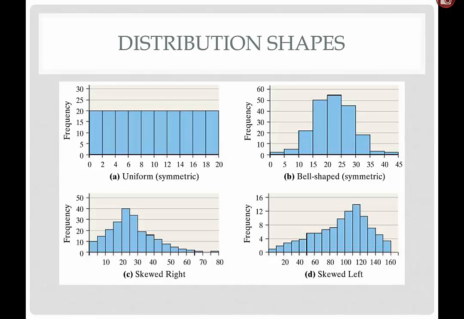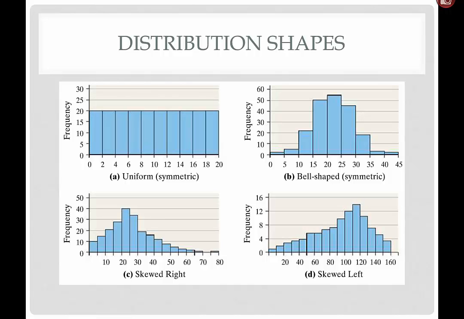All right, so here are our distribution shapes, and I talked a little bit about shape when we were comparing the histogram and the stem and leaf plot. But the first one that we see is called uniform. It's symmetric. That basically just means that the frequency is the same for all of the categories or all of the classes. And then in the upper right-hand corner, that's your bell-shaped.